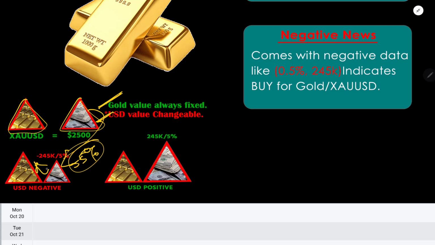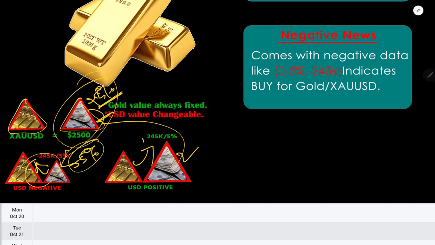In that case, gold is bigger than USD. That's why we took a buy entry for gold. And suppose plus 5% data comes with this USD news, that means this triangle is plus 5%. In that case, USD is bigger than gold and gold is smaller than USD, so we can sell gold. I hope you understand.